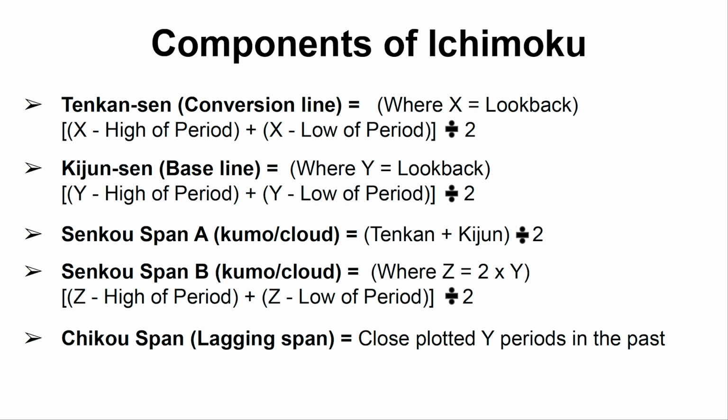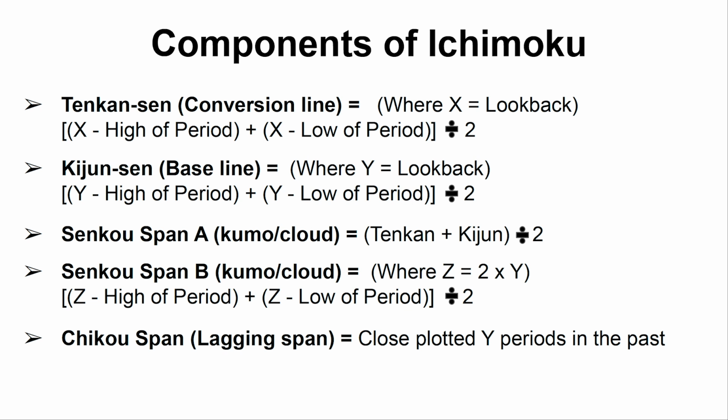This is the first moving average in the Ichimoku, and it is calculated as the average of the high and low for the period being analyzed. Again, as I go through the components, you are welcome to pause the video if the mathematical calculations are of interest to you. But rest assured that all of your favorite charting software will calculate the outputs for you.